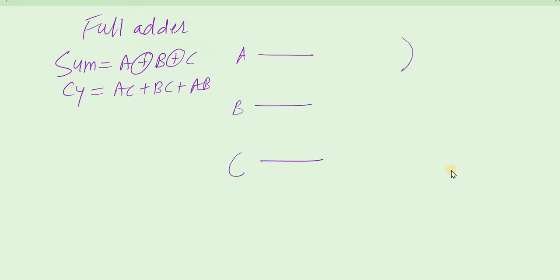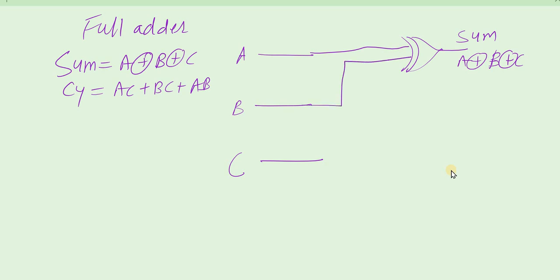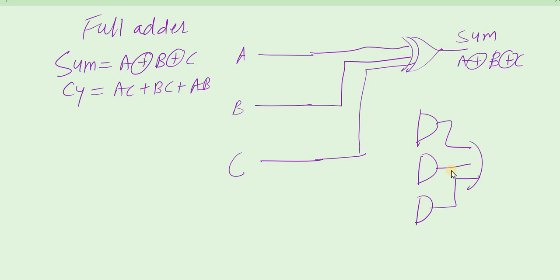Then there will be an XOR gate which will generate sum, which is equal to a XOR b XOR c. So a will be one input, b will be another input, c will be the third input for this. Then there will be 3 AND gates, 1, 2 and 3, and all are connected to one OR gate that will generate the carry.